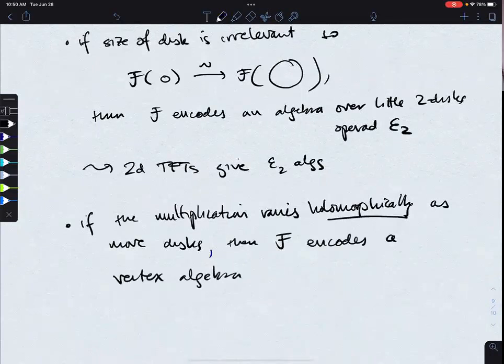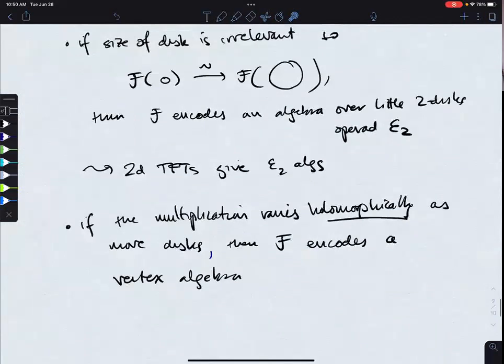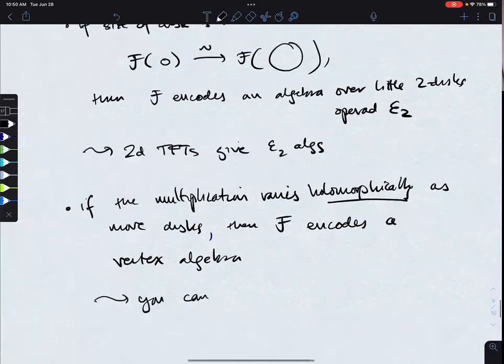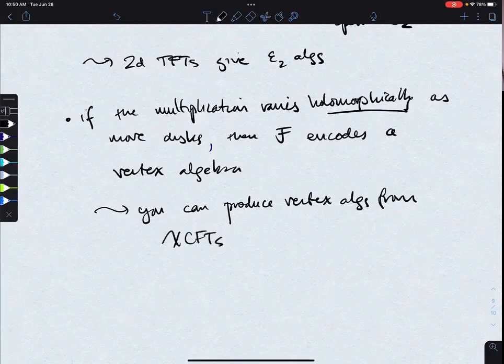And this picture I just drew can be identified: you can extract from it the OPE, the vertex operator map. So in this sense, you can produce vertex algebras from chiral CFTs this way, if they're at least formulated in a Lagrangian way.